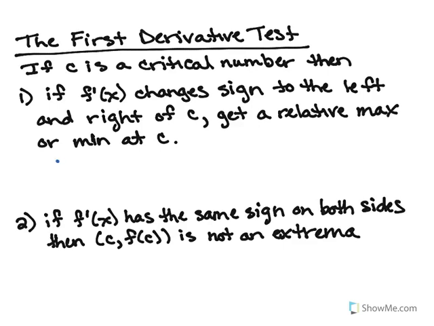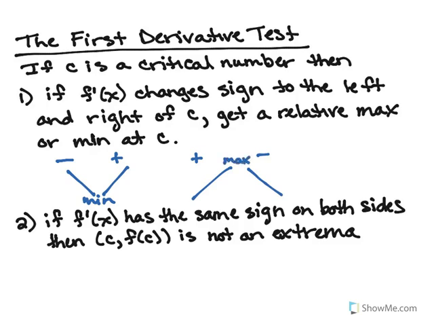So if it goes from negative to positive, we're going to get a min. If it goes from positive to negative, we're going to get a max.